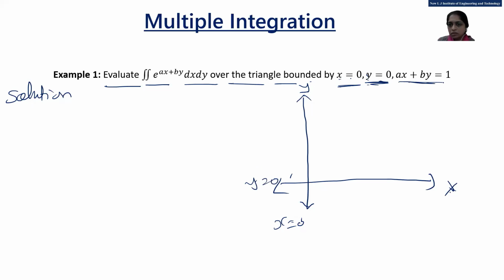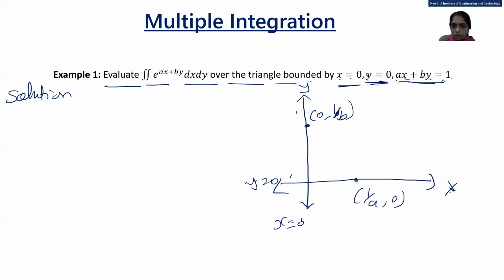And the third line is ax plus by equal to 1. If I keep x equal to 0, my y is what? 1 upon b. So x is 0 and y is 1 upon b. Similarly, if I keep y equal to 0, then x is 1 upon a.